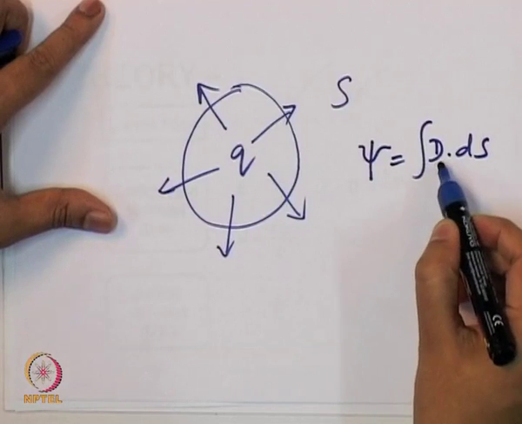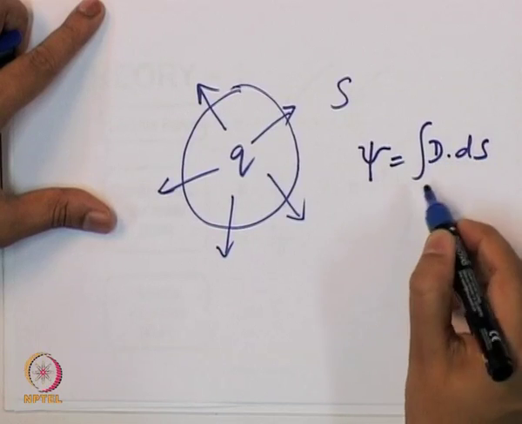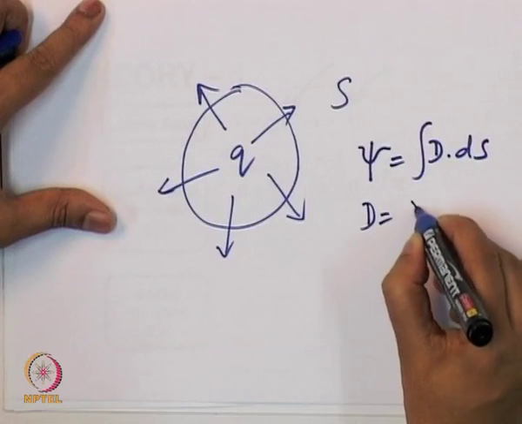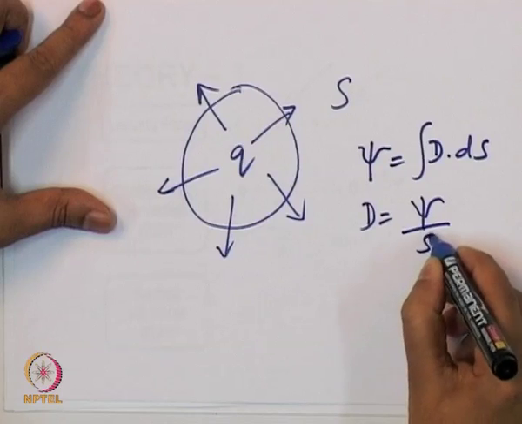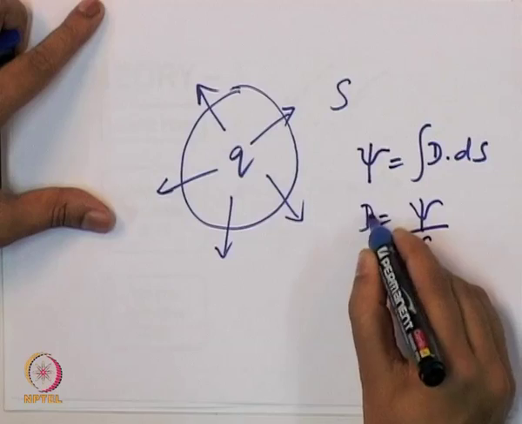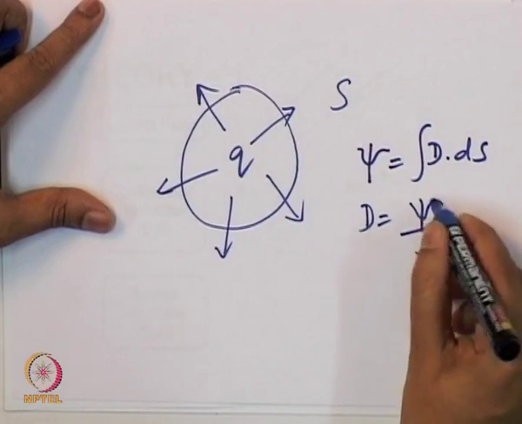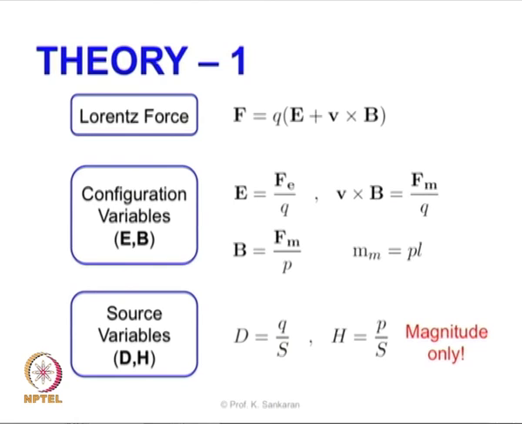So what we get is, under the condition that we can go into a very small surface, the value of D will be the flux density, where S is the surface area. So this is the way we have been defining fluxes, and this is nothing but the charge contained inside the closed surface.